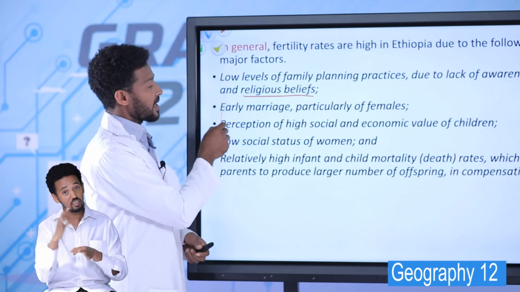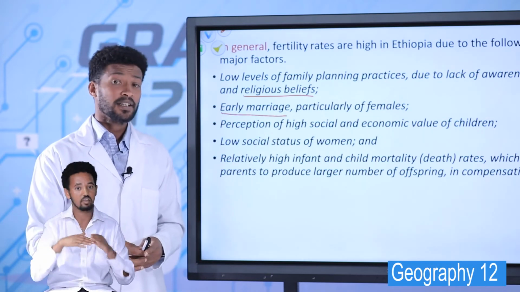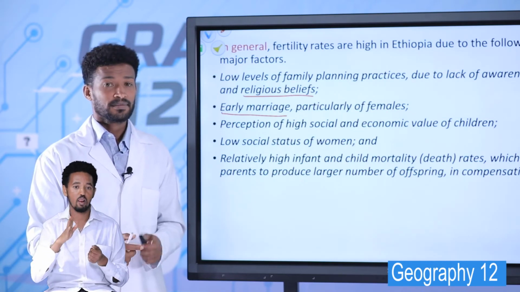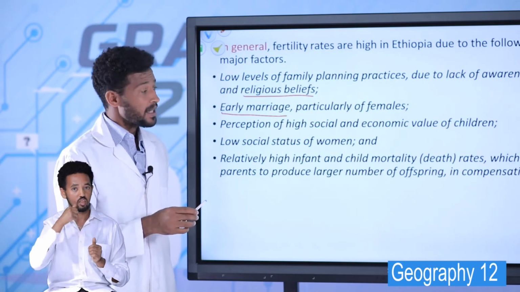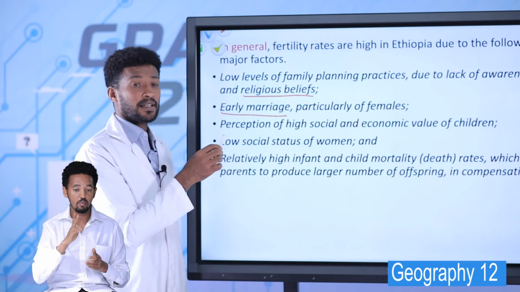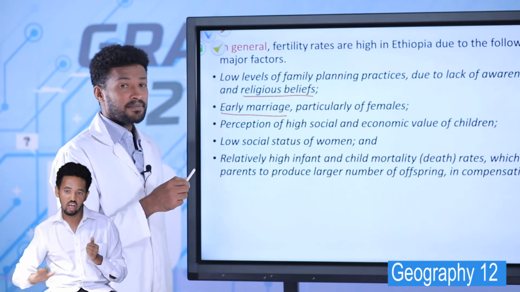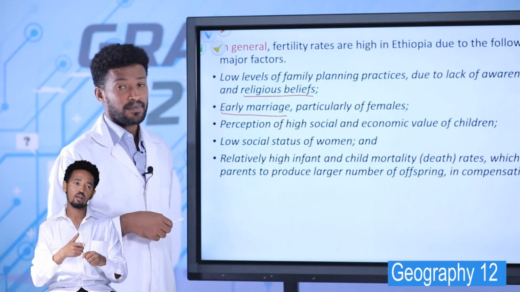Another factor is early marriage, particularly among females. This means if females start bearing children at an early time, they may have a large number of children during their lifetime.